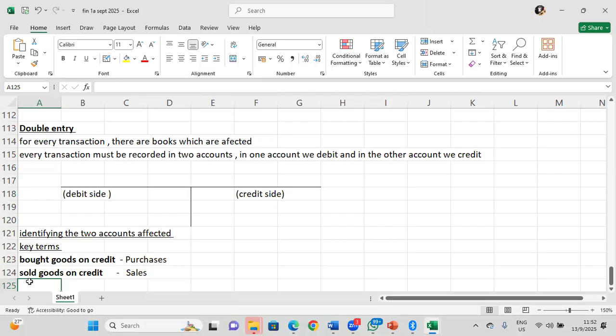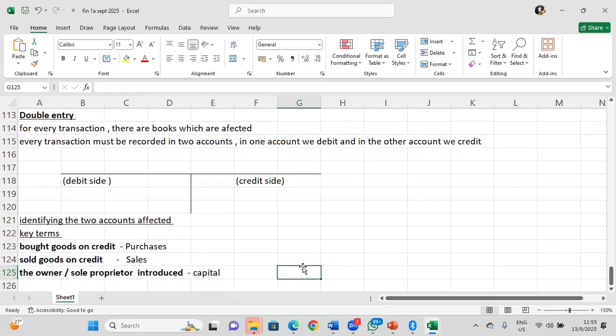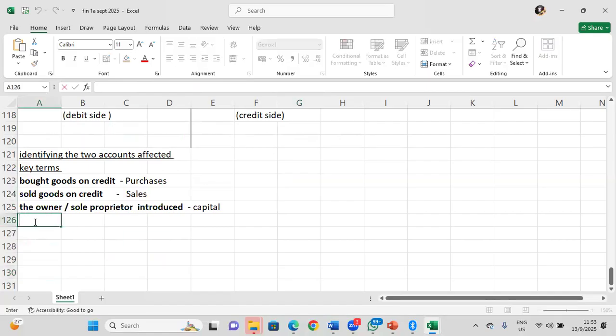Besides sold goods on credit, we can also have the owner introduced. The moment they use these terms, you need to know how you account for them. If they say the owner or sole proprietor introduced, that is recorded as capital. Anything the owner introduces in the business increases the capital.